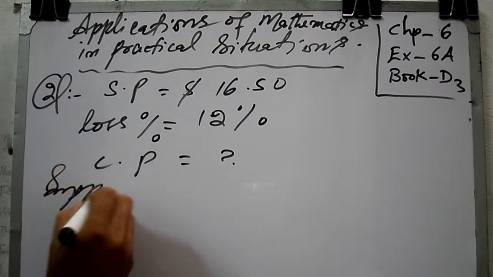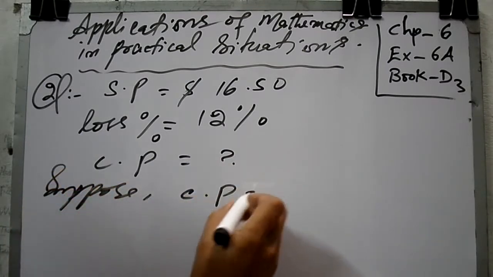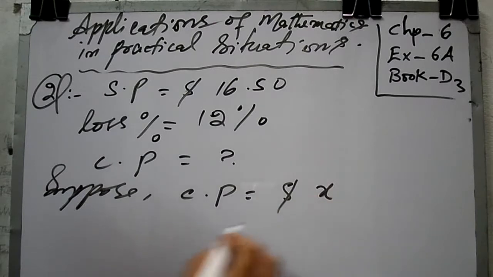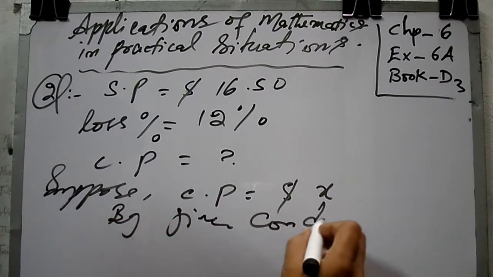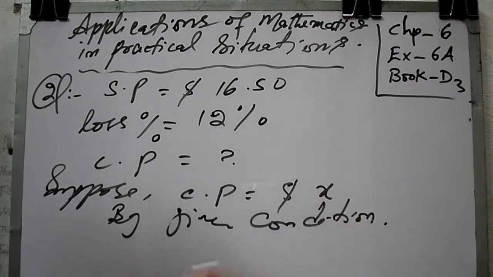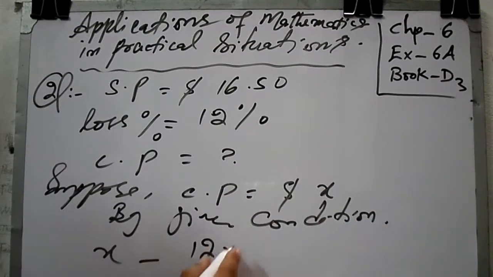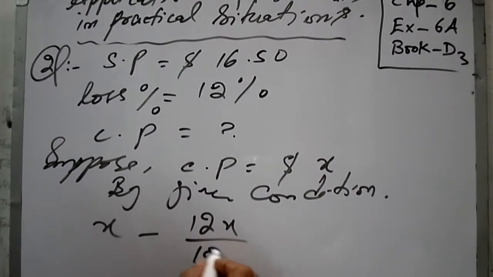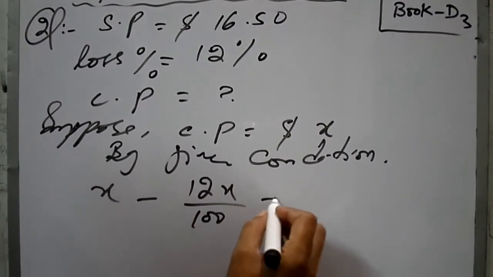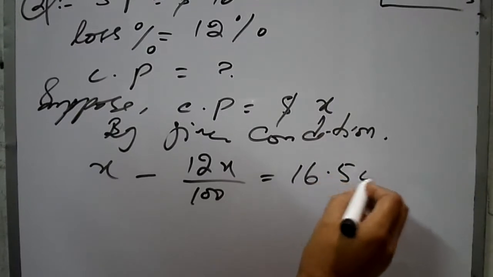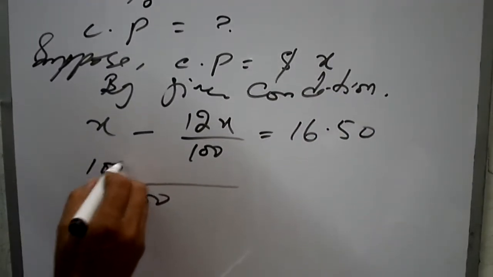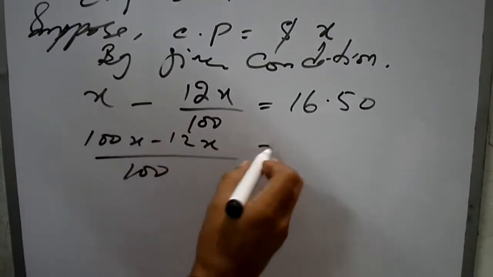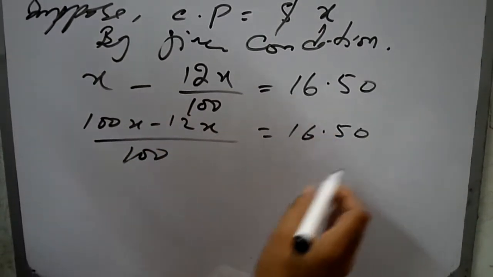Suppose cost price is equal to $X, so by given condition, x minus 12x, because it is a loss, so percentage divided by 100 to remove the percentage, that is your given condition. Once again, by taking LCM, that is 100x minus 12x is equal to 16.50.